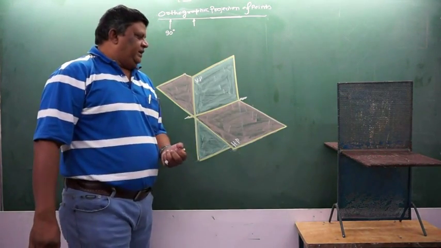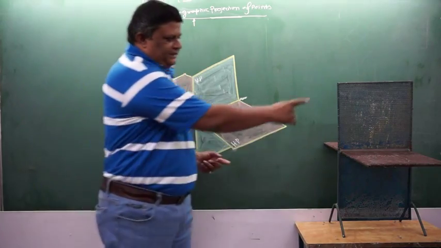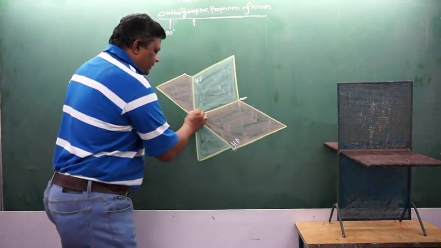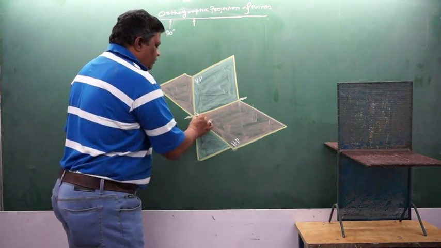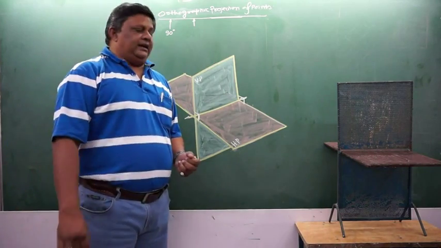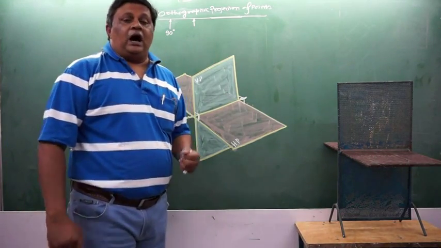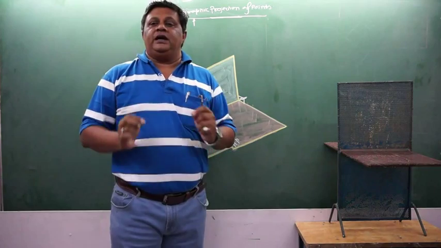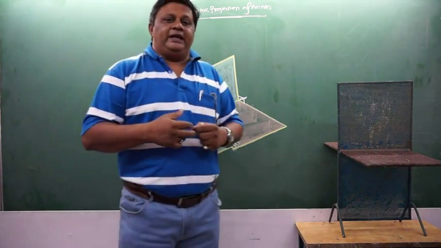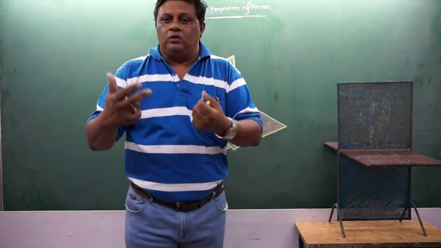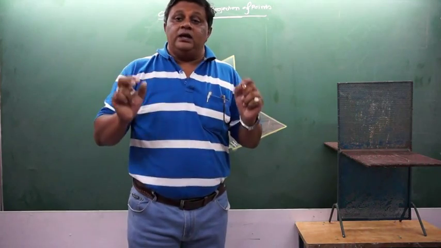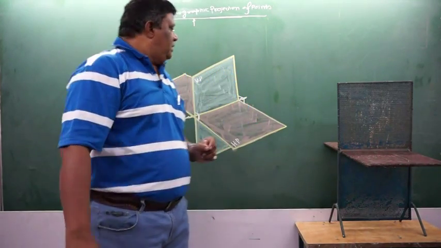Now as you can see, these two planes are basically intersecting each other exactly at 90 degrees. I hope now you can understand what we mean by ortho. Exactly at 90 degrees. And these planes are totally imaginary and transparent planes. There are lakhs and lakhs of planes between me and you right now. They are totally imaginary and totally transparent.